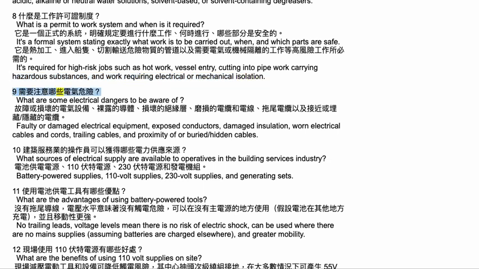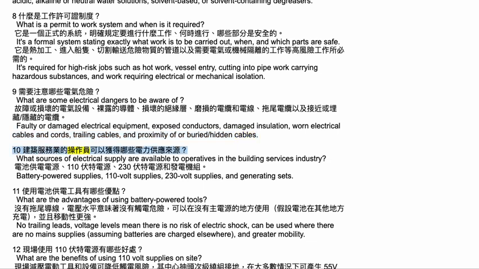9. What are some electrical dangers to be aware of? Faulty or damaged electrical equipment, exposed conductors, damaged insulation, worn electrical cables and cords, trailing cables, and proximity of or buried hidden cables. 10.